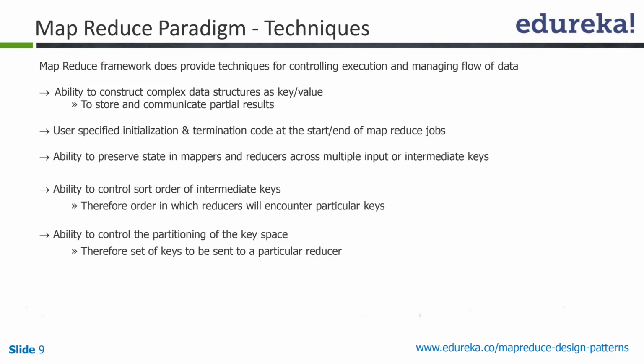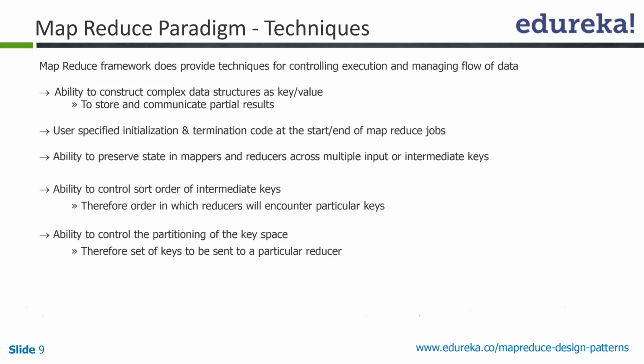Then you have user-specific initialization and termination code at the start and the end of MapReduce jobs. These are the setup and cleanup methods which run before and after each of your map tasks. Then, the ability to control the sort order of intermediate keys.